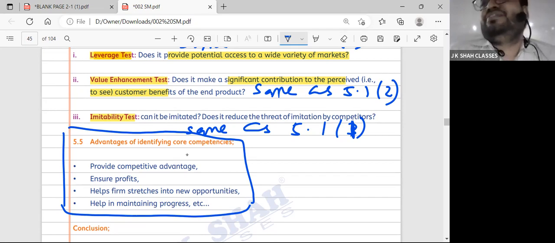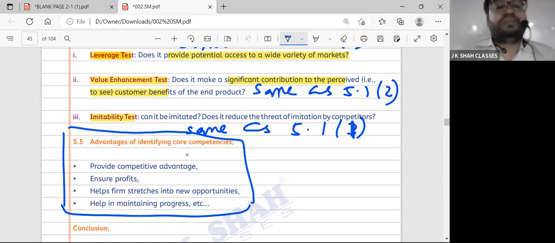Okay. Facebook acquired WhatsApp, Facebook acquired Instagram. This acquisition helped them stretch into new opportunities. It started generating more revenue. Yes. Apple initially decided that we will sell phones. Now they are selling laptops also. They are selling watches also. Can I say this is application to other markets? We are stretching our abilities to earn more profits.